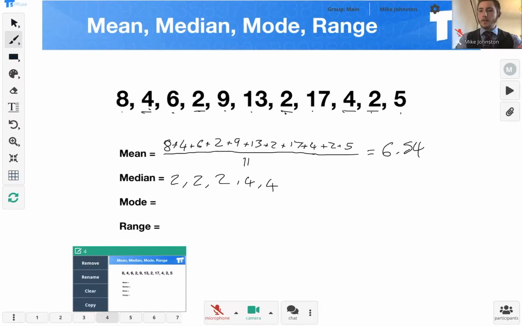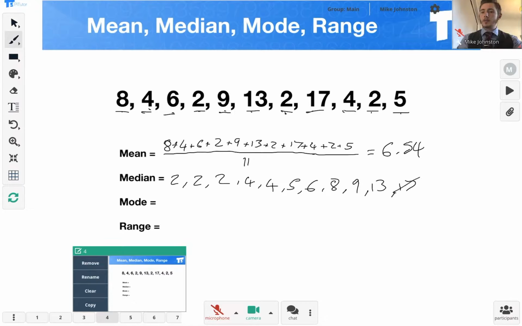Then we've got 5, 6, 8, 9, 13, and 17. Then I'm just going to quickly count, just to make sure we've still got 11, so then I know 100% I've got the right numbers. So 1, 2, 3, 4, 5, 6, 7, 8, 9, 10, 11.